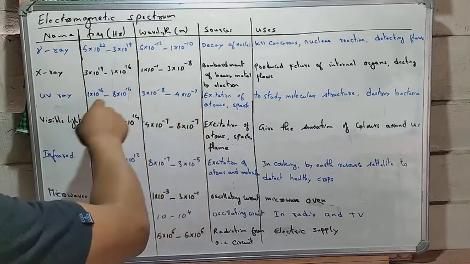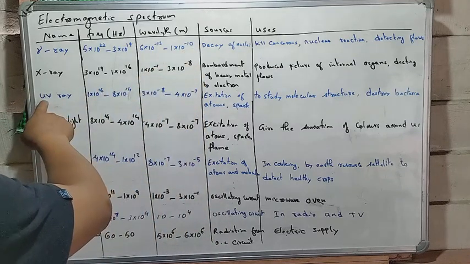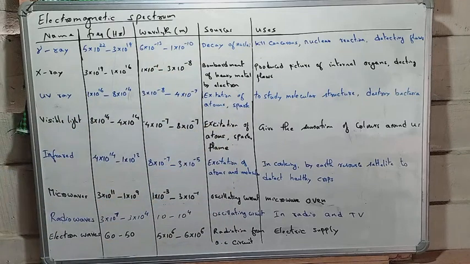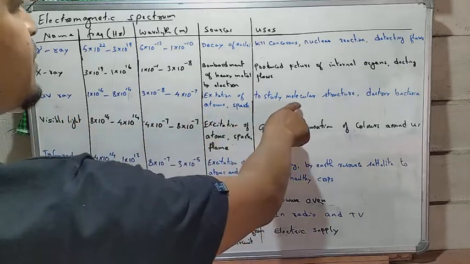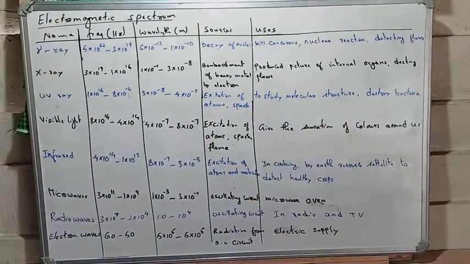Similarly, we can get ultraviolet rays from a spark in an electric circuit. This UV ray is used to study molecular structure and also to destroy bacteria.